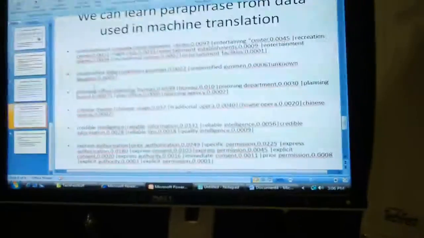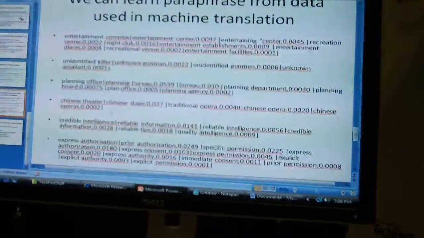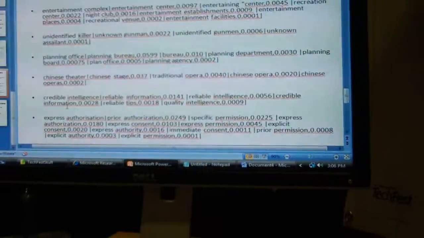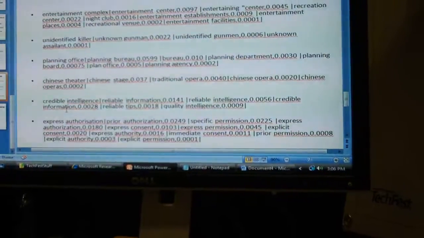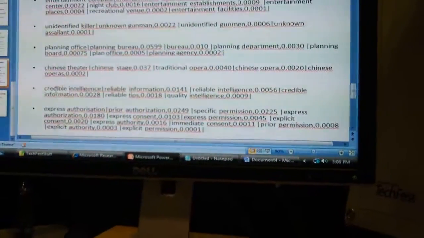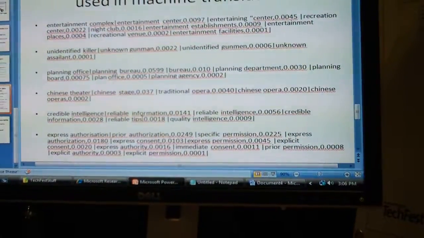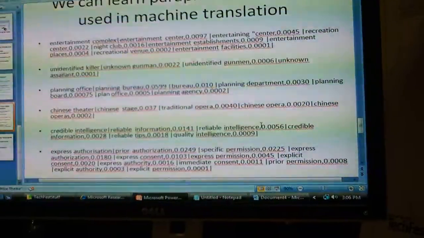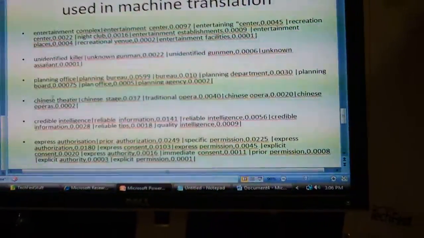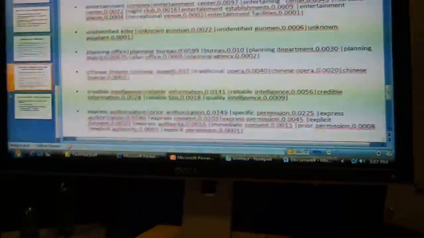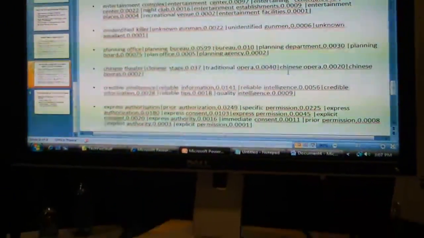That's a great idea. We learn some interesting things. A lot of our data is based on news data, and the words of interest that I'm feeding in tend to be newsy. We get things like credible intelligence going to reliable tips, quality intelligence, reliable intelligence. I like this one: Chinese theatre going to Chinese stage, which is kind of obvious perhaps, but also traditional opera.